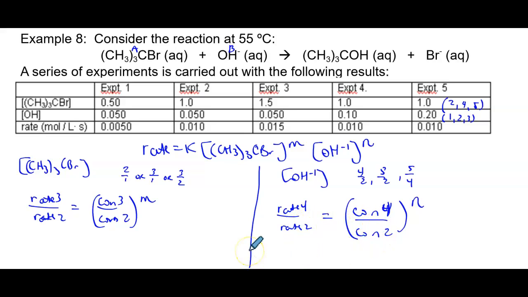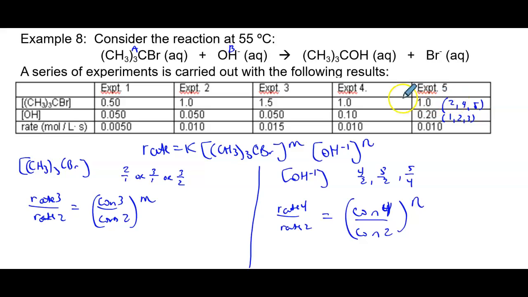Now, let's go over that one more time because this can be very confusing. Because we have 2 or more reactants, we cannot just randomly pick like we did for experiment 1. We have to actually pick for each reactant when the other reactant or reactants is held constant. So that's why we did this first.